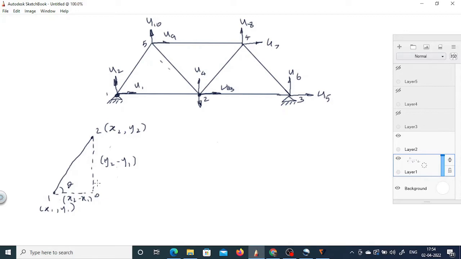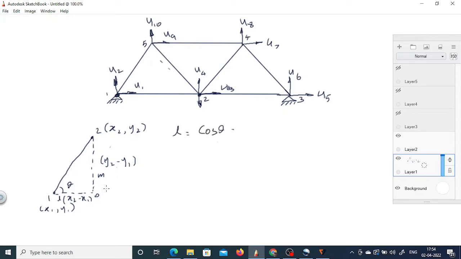After that, it has two directional cosines, which are called L and M. How can I identify this L and M? M is always the side opposite to the angle making the element, and L is the adjacent side. L is equal to cos theta.